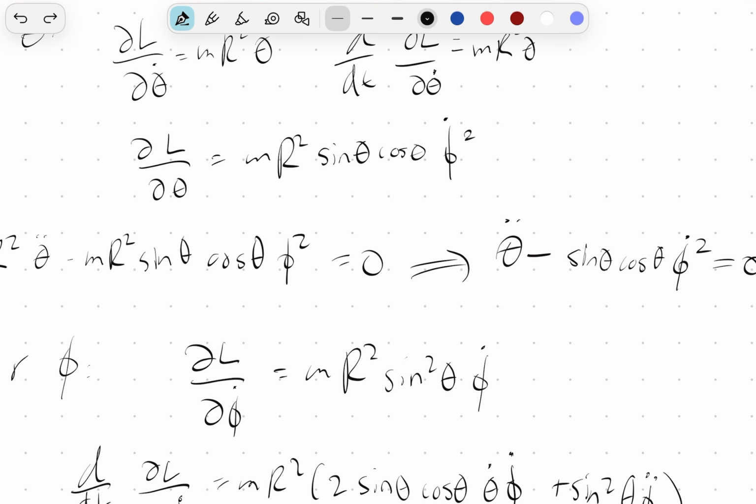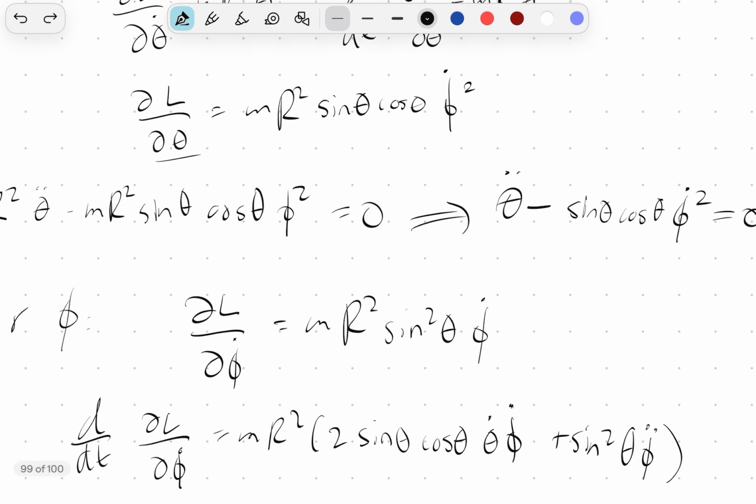Now, we are getting a velocity-dependent term that comes purely from the trigonometric ratios.